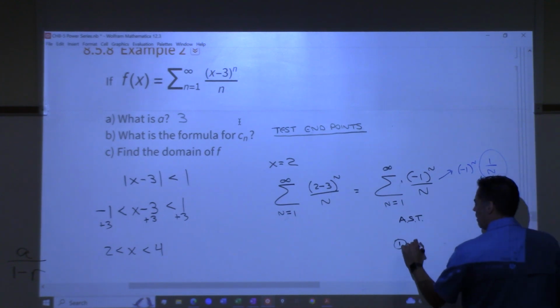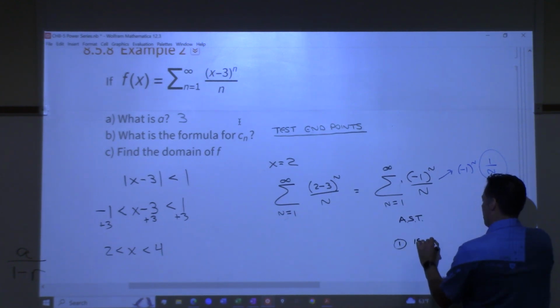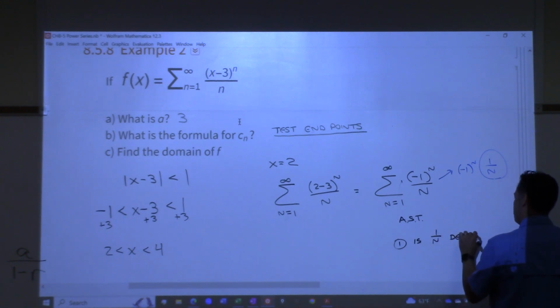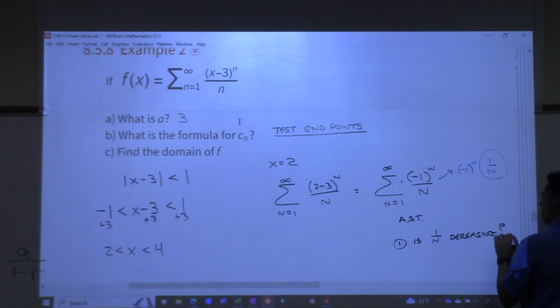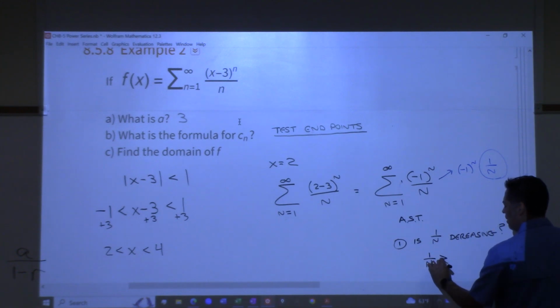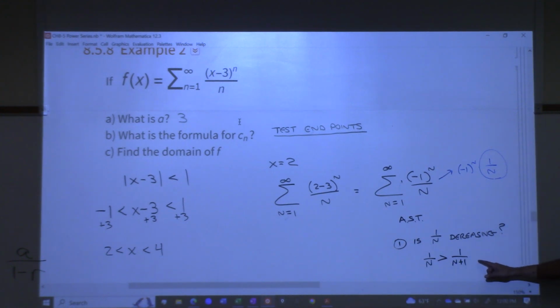So first thing is, is 1 over n decreasing? That means when I plug in n, is that bigger than when I plug in n plus 1? Look, we've done this before. This was last week, so I can't spend too much time running the alternating series test again, going through all the details. But I'm running the test, cross multiply, whatever, I get n plus 1 is greater than n, and that's true. So it is decreasing.